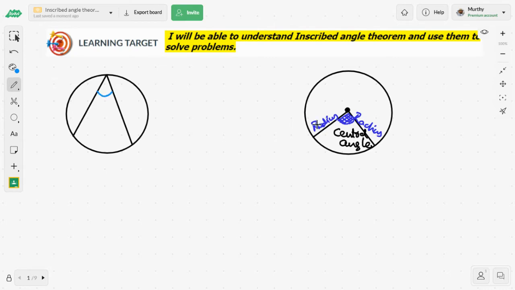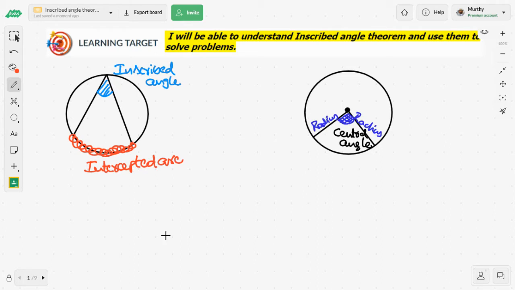This angle I call an inscribed angle. Next, the arc which is formed here, I call the intercepted arc.